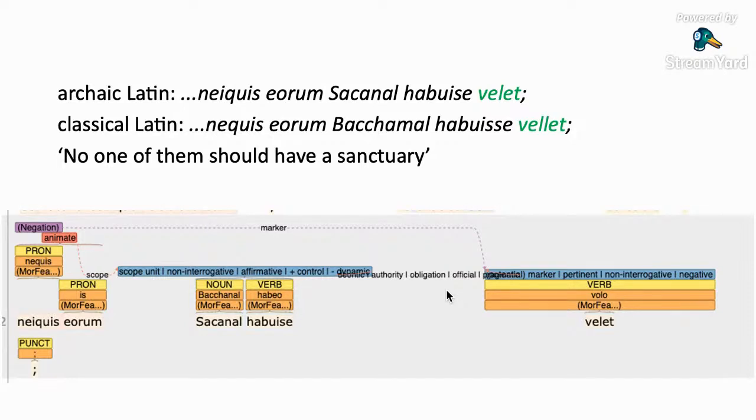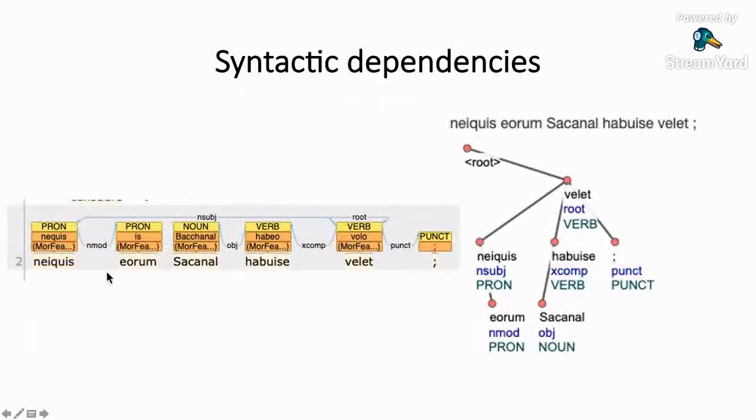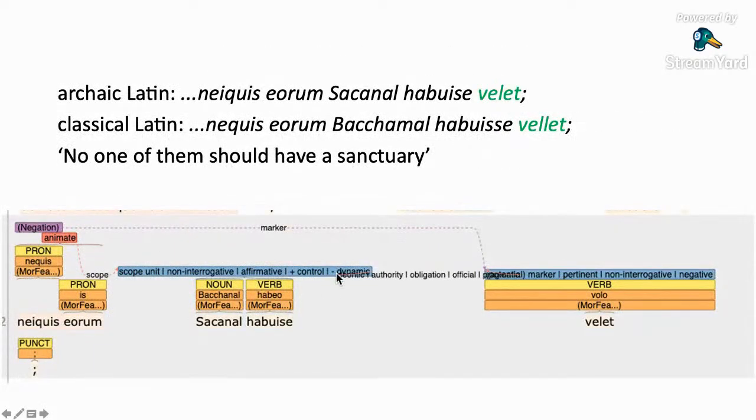Actually, volo is here used to express, once again, deontic authority, obligation in an official context. And it has here a pragmatic value. So the meaning of velet must be understood in this specific context.